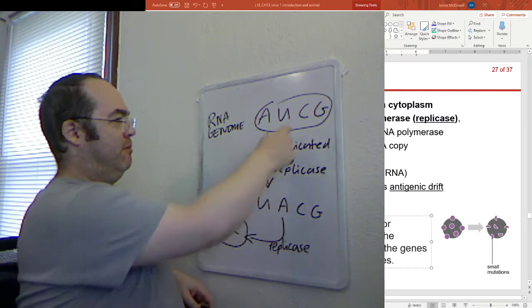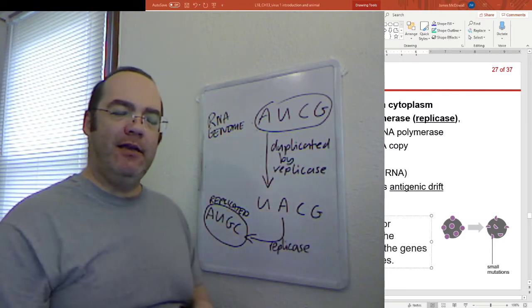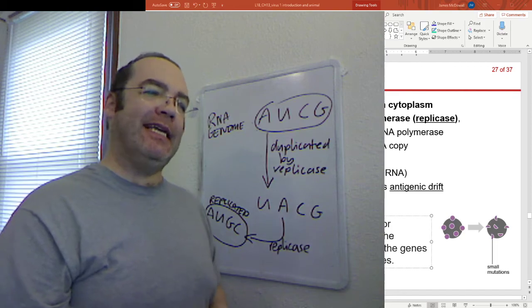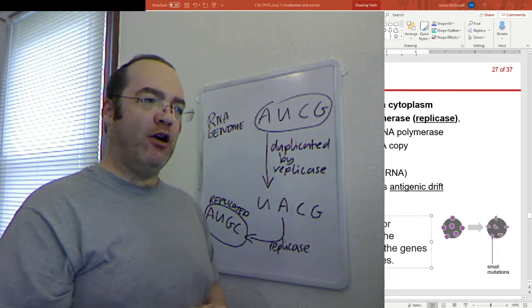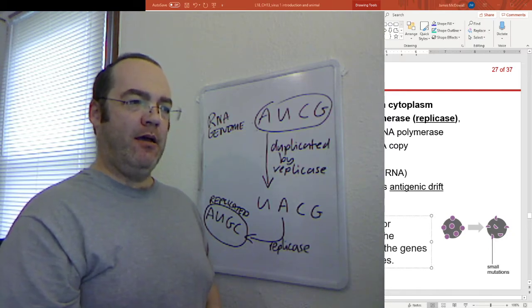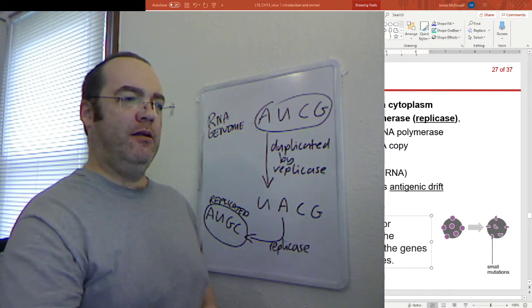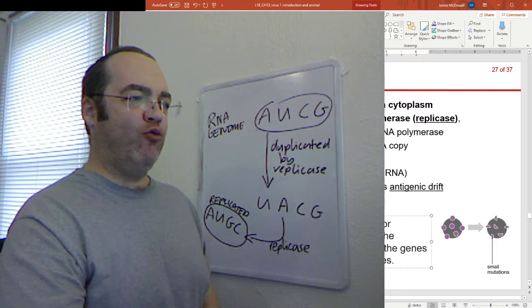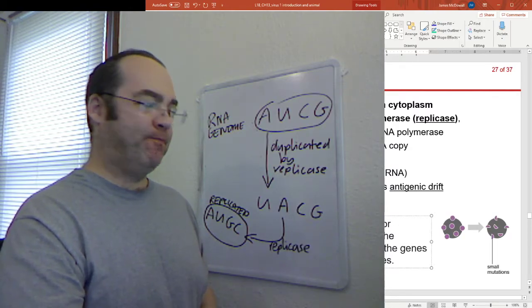So mistakes can easily get introduced into the genome because of the mechanism of replicase making mistakes.